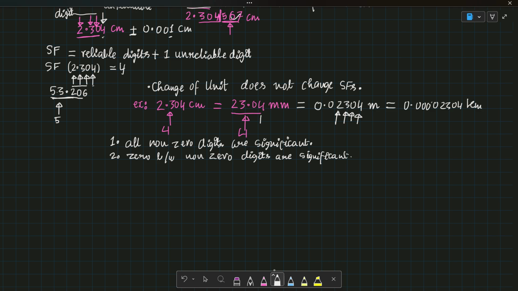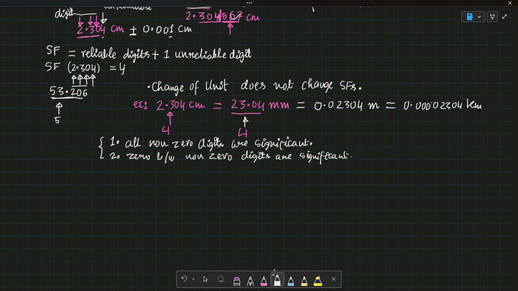So the rules are that all non-zero digits are significant, and zeros between non-zero digits are also significant. The concept is simple: change of unit does not change significant figures. There will be no doubt about this.